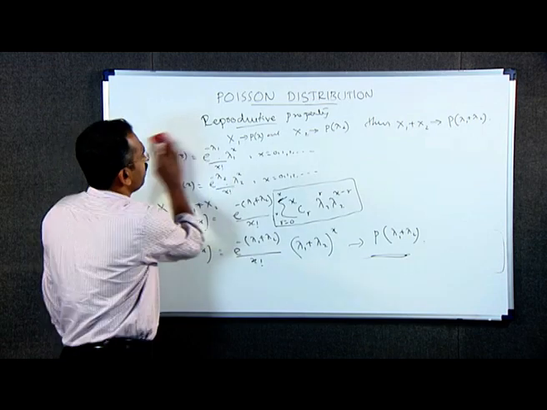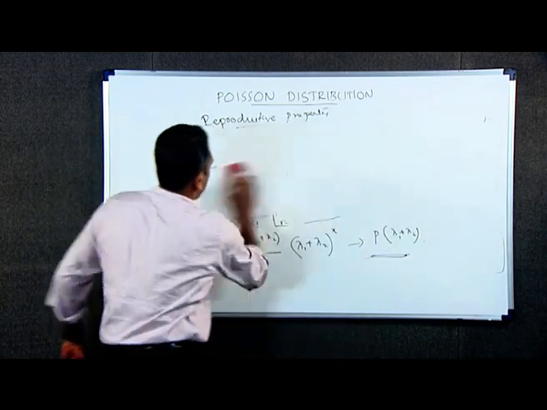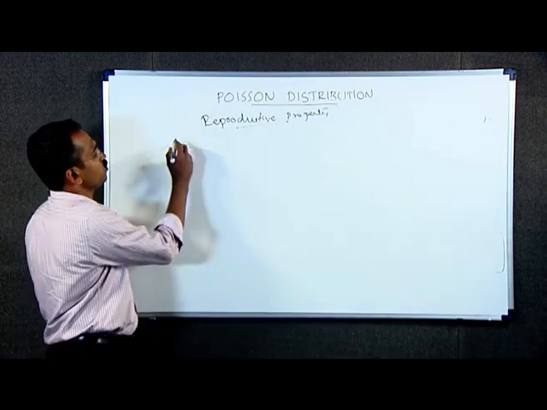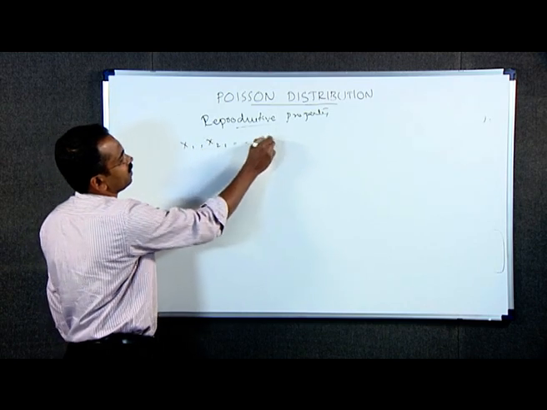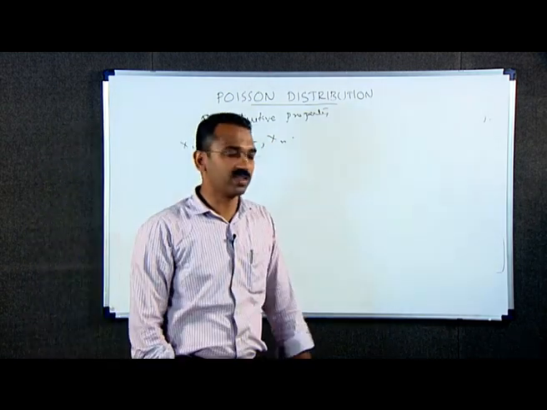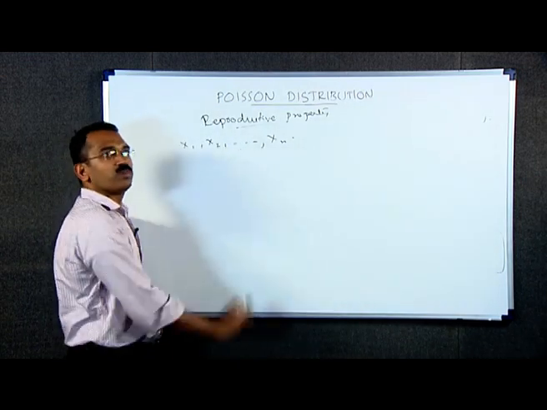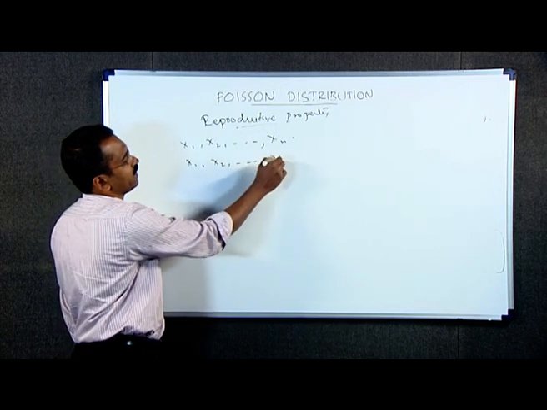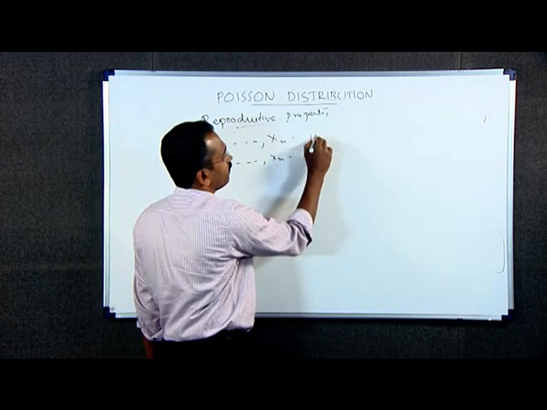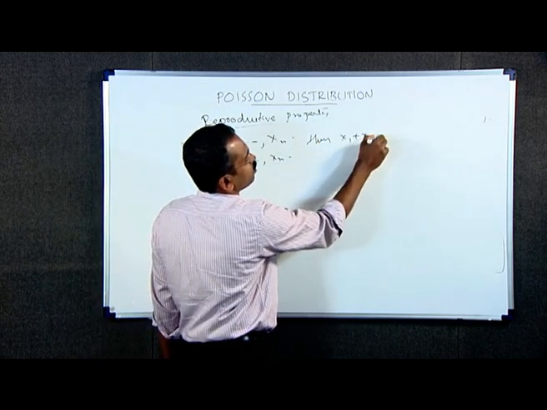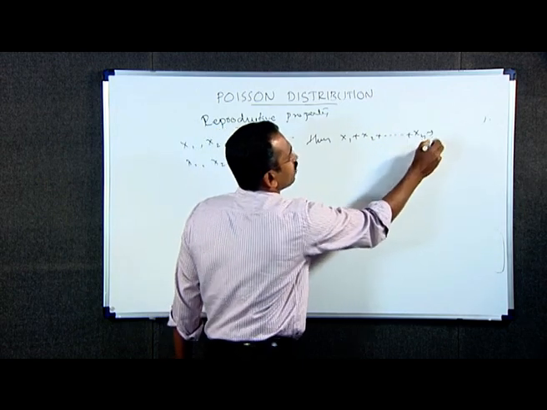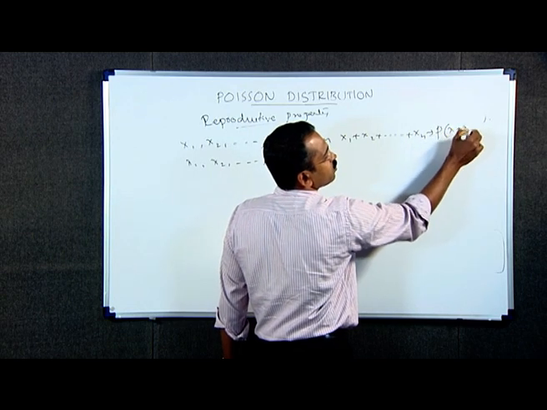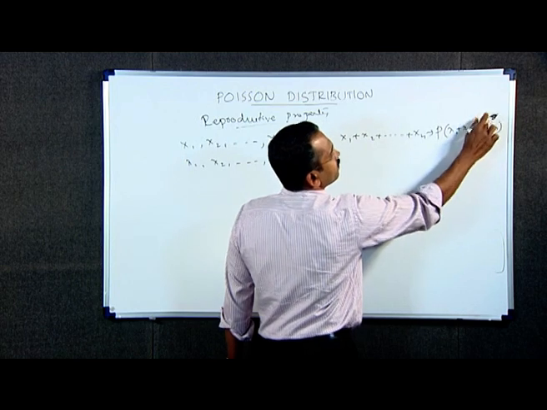This property can be generalized as: if x 1, x 2, etc., x n are n independent random variables having the Poisson distribution with parameters lambda 1, lambda 2, etc., lambda n, then the sum x 1 plus x 2 plus etc. plus x n follows Poisson distribution with parameter lambda 1 plus lambda 2 plus etc. plus lambda n.